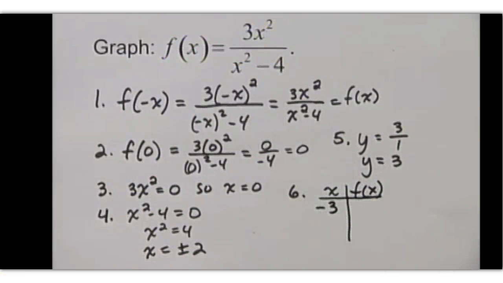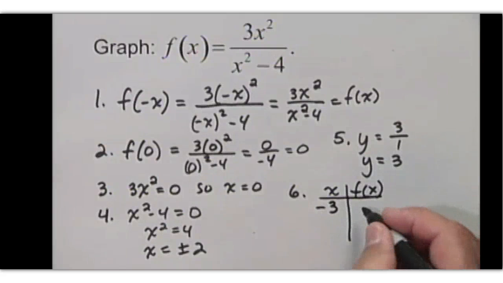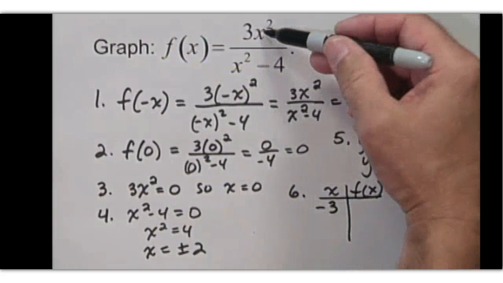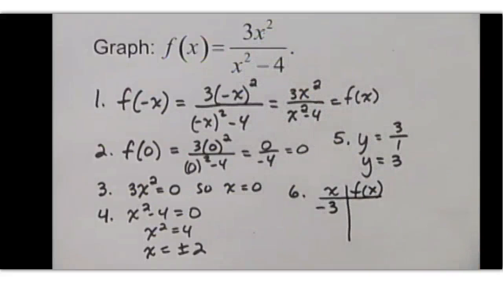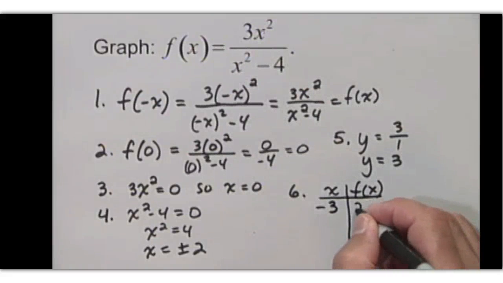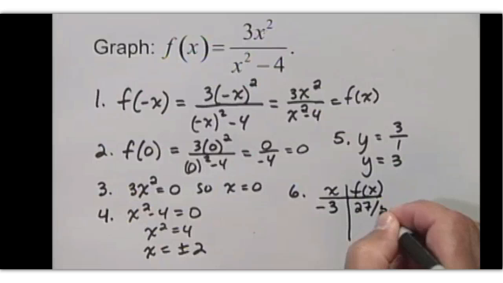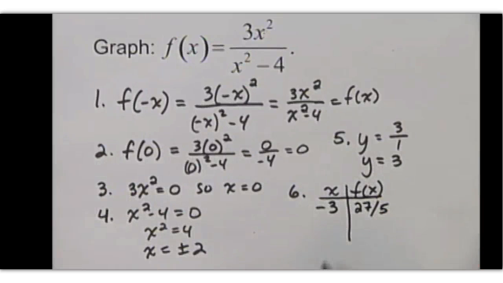As I said, we start with -3. When I substitute in -3 in place of x here and there, and then evaluate it, the result is 27/5. Now we'll select -1 because that's between the vertical asymptote of x equals -2 and the x-intercept of 0. When I substitute in -1 for x here and here, my result is -1.